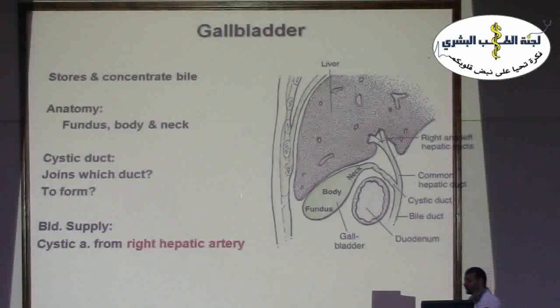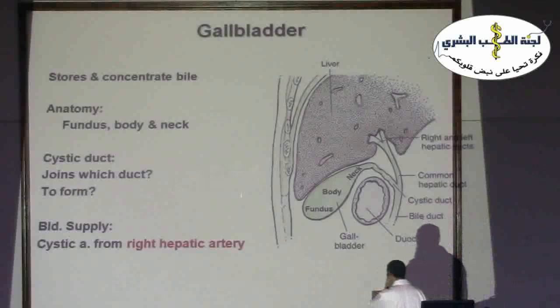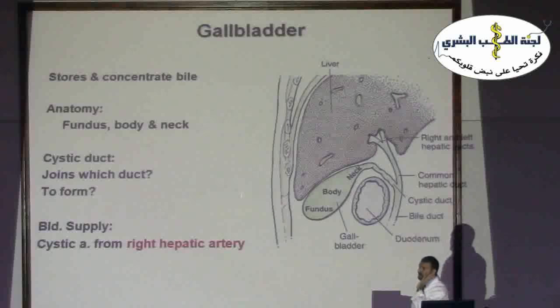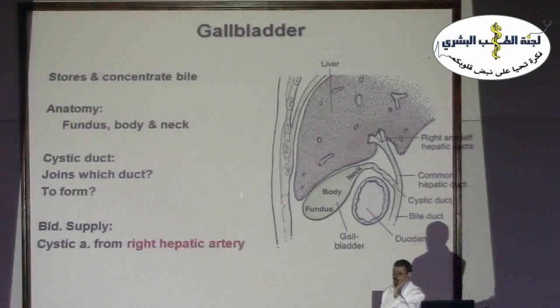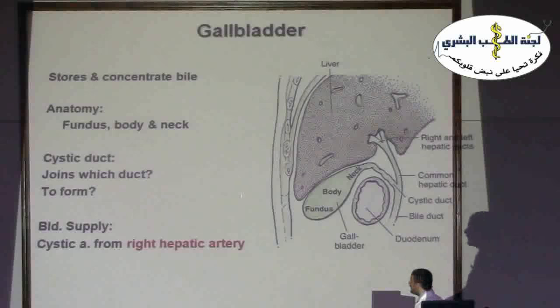Cystic artery, more than 70 to 75% of times, is arising from the right hepatic artery. Remember this. So if you want to find this artery, you have to follow the right branch of the hepatic artery, because this artery is very small. It's very difficult to find this cystic artery.